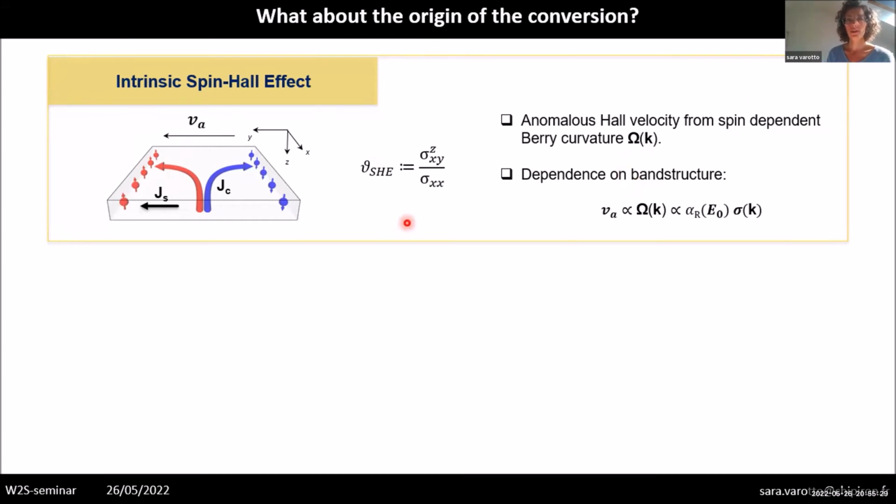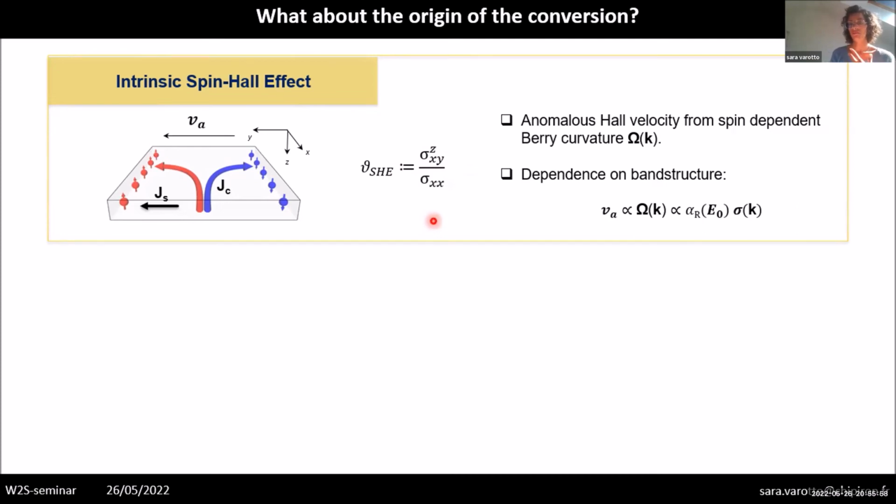And the figure of merit in this case is given by the spin Hall angle, which can be computed from a tensor. The tensor is called the spin Hall conductivity tensor, sigma, that depends on the direction of the injected charge current, for instance, X, and the direction of the detected spin current flow, so Y, and the polarization of the spin, that is Z. So depending on the geometry of the experiment, we want to consider different tensorial components.